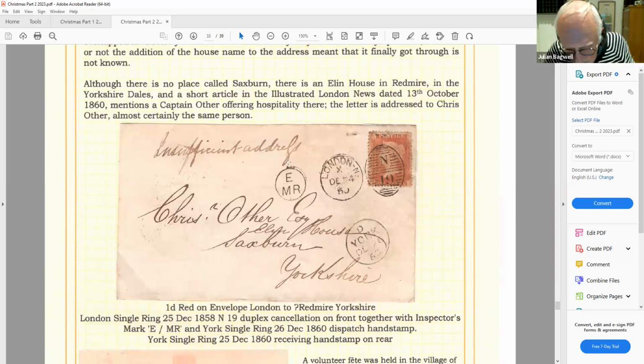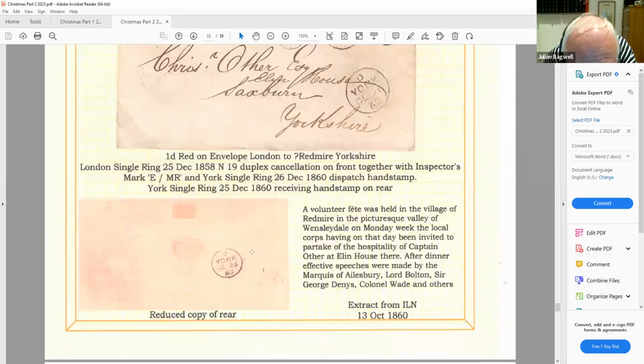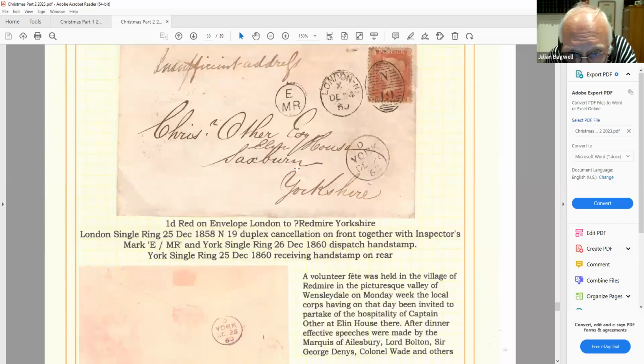This is a very different marking here. This one, it says it's insufficiently addressed. It was posted in London on the 24th, and on the rear, there's a York, December the 25th hand stamp, but they couldn't deliver it.